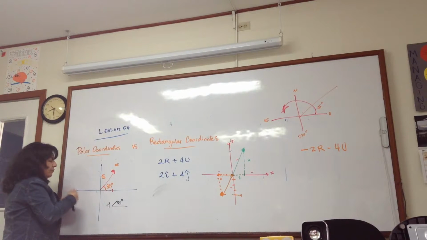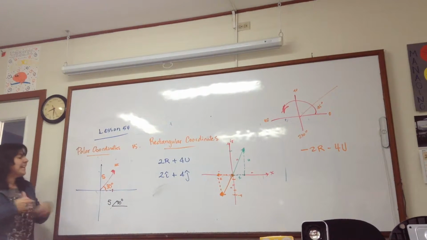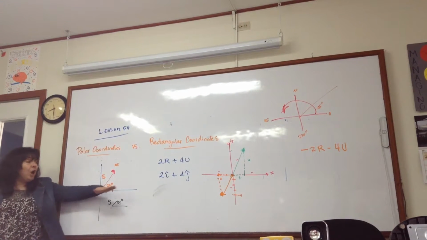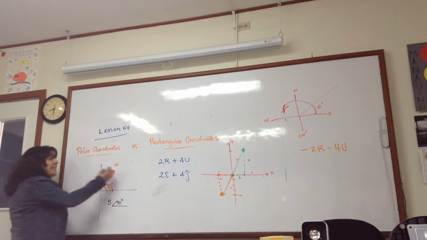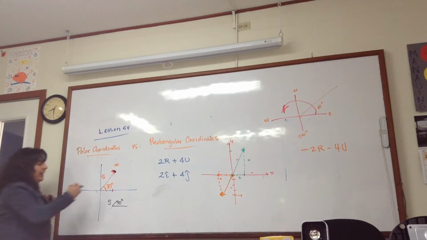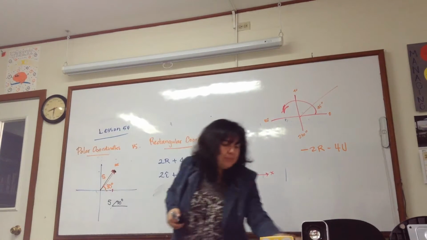You'll see why. And it says 30 degrees. If it says 30 degrees, I know that I have to start here, and I start counting 30 degrees. So I end up at this point, and then I draw this. Let me do another one, because I started backwards.